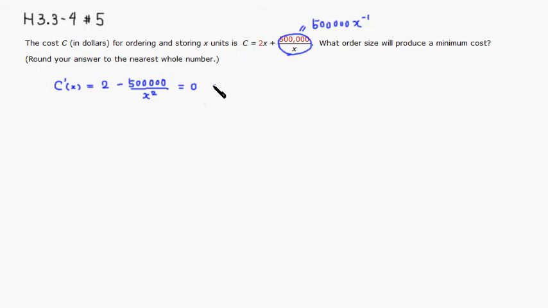which means we can add 500,000 over x squared to both sides. Then you get 2 is equal to 500,000 over x squared.